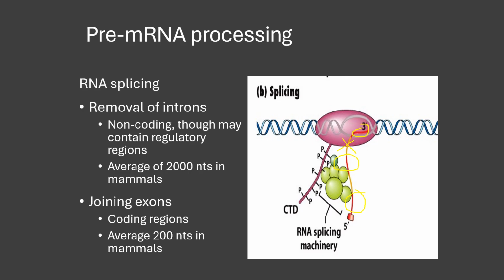So I'm drawing X's to indicate these regions being chopped out, and you would be left only with what would be indicated in 3 red regions joined directly together. So those would be the exons that are all present in the shortened mRNA molecule. Exons typically are a lot shorter, especially in mammals. They're only about 200 nucleotides long. So if you think about it, the mRNA can be much, much, much longer when it's first transcribed than after it's processed.